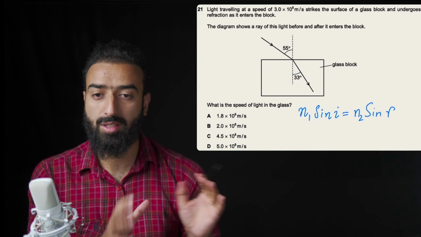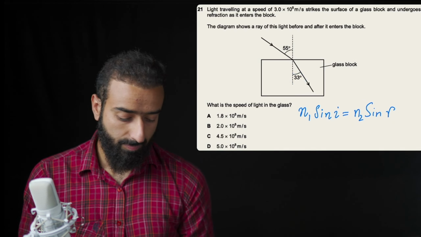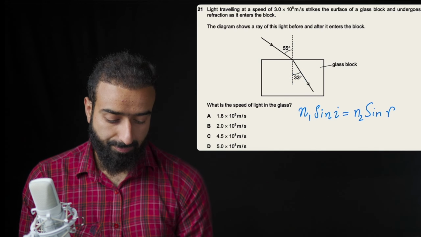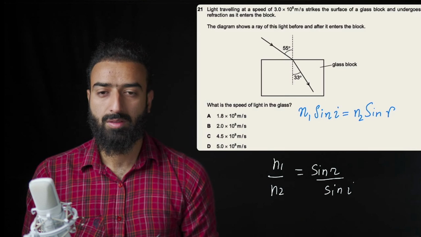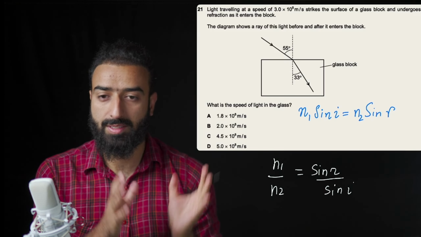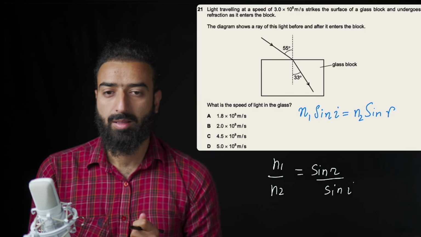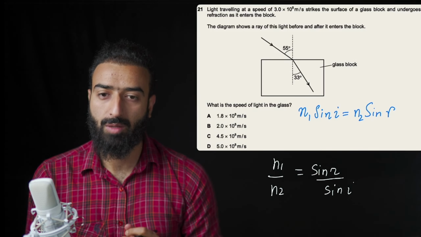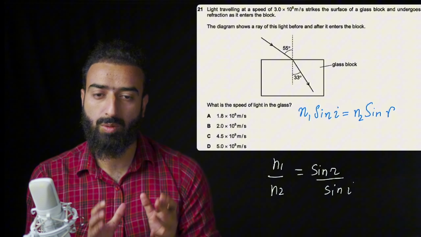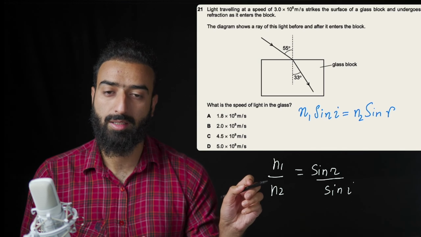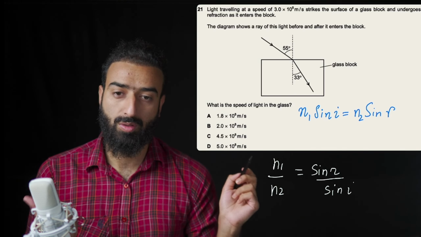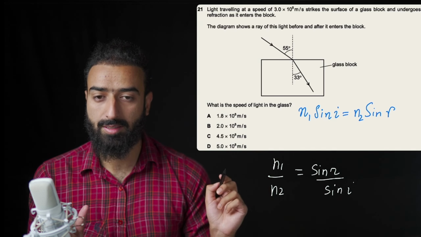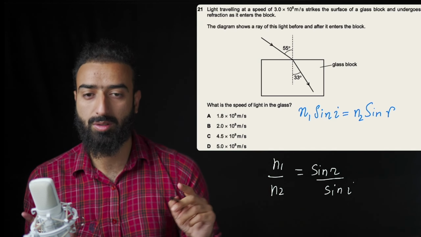We can rearrange this equation and write it as, so here's a rearranged equation of the same Snell's law. Since we are concerned about finding the speeds, we want to somehow convert this N1 over N2 into the speeds. What we should know is that the refractive index is inversely proportional to the speed.